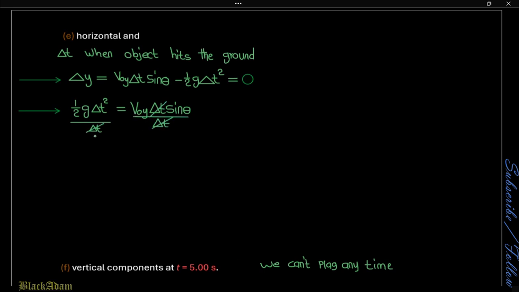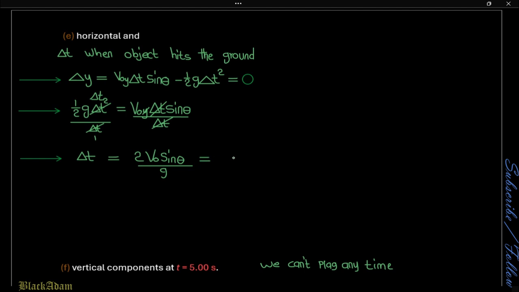Then the change in t equals 2 times the initial speed times sine theta, divided by g.